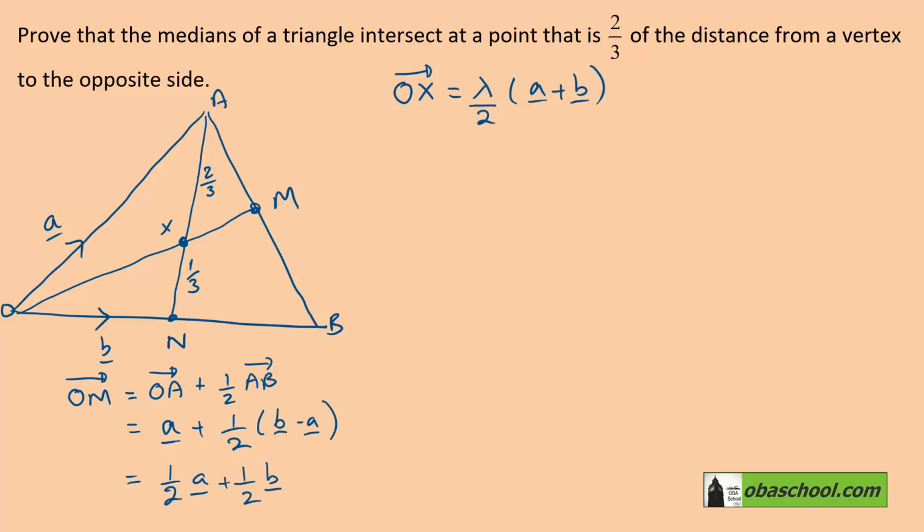Now let's get another route that goes there. So what I'm going to do is think about AN. So AN, well, I can go backwards along A and half of the way to B. So AX is going to be some fraction, which I'll call mu, of that distance.